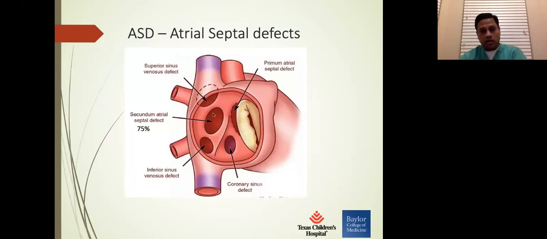Usually, primary ASDs are associated with things like common AV canal, more common in children with Down syndrome. A very rare type of ASD is a coronary sinus type of defect, where there is deficiency in the roof of the coronary sinus, thus creating an ASD.